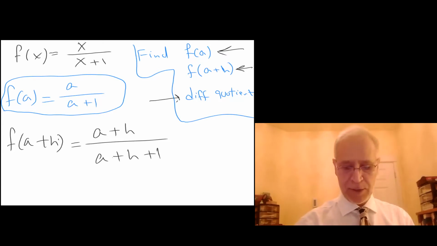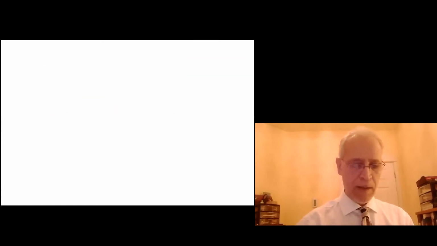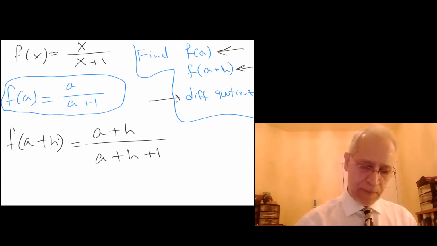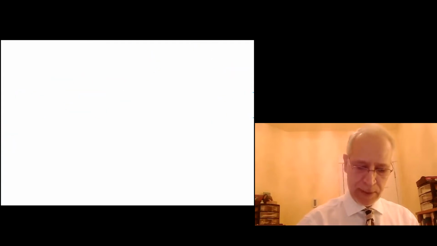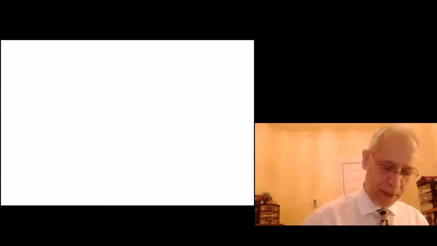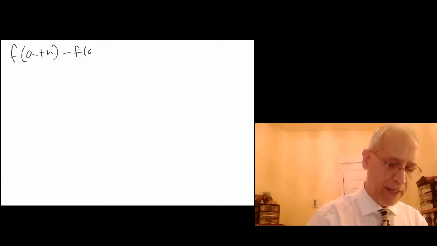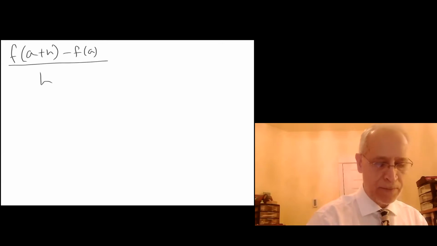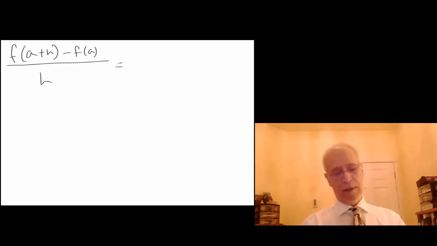Let me go to the next page. I don't have enough room here, so next page. Using my difference quotient, my formula is f of a plus h minus f of a all over h. What does that equal to?